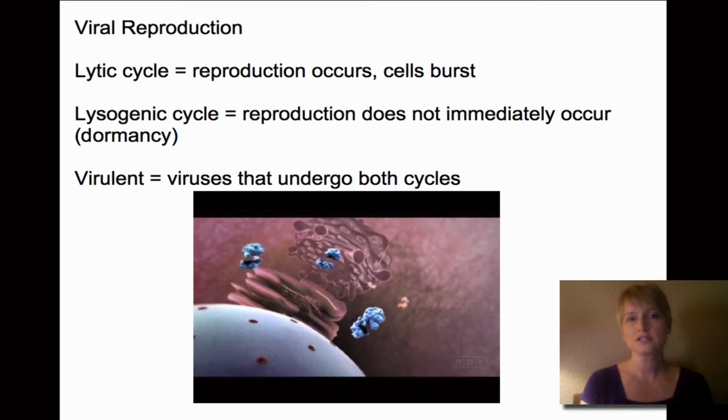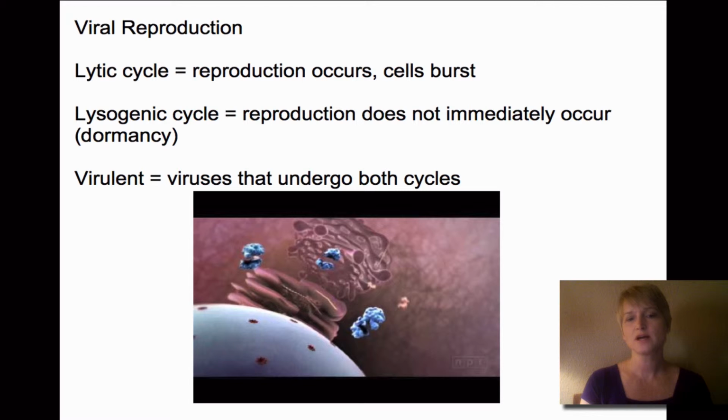But there's also a lysogenic cycle. And in the lysogenic cycle, the same thing happens. The virus infects the cell and takes over the cell's machinery and it reproduces, but it doesn't kill the cell right away. And so it can move out of the cell without killing the cell.